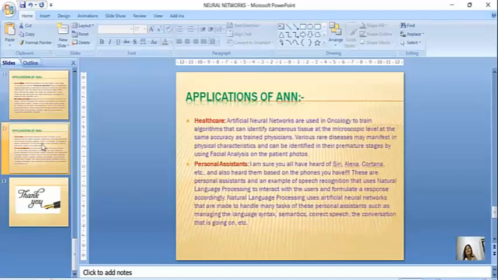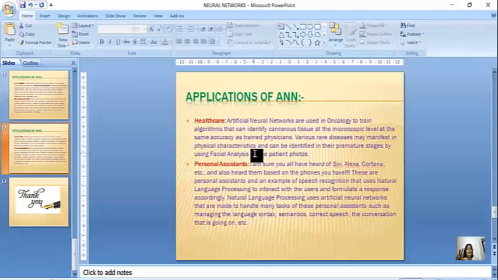Next is healthcare. Now, artificial neural networks are used in oncology to train algorithms that can identify cancerous tissue. The images at the microscopic level are collected and used to train the artificial neural network, so that the device can identify whether cancer is present or not.